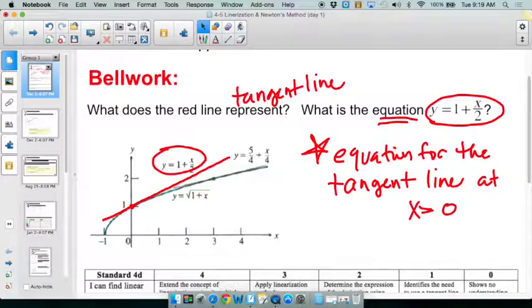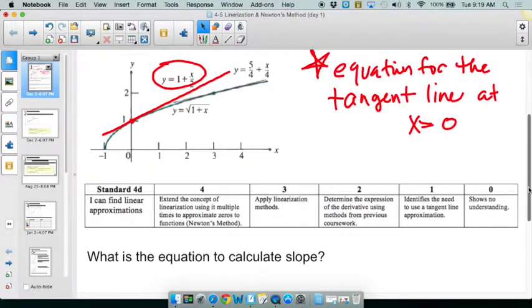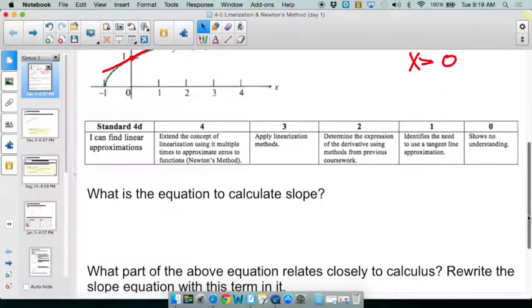In order to talk about linearization, we need to review some concepts. For instance, if we look at that line and wanted to calculate the slope, give me the slope equation to do that. Go all the way back to algebra. What's your slope equation?